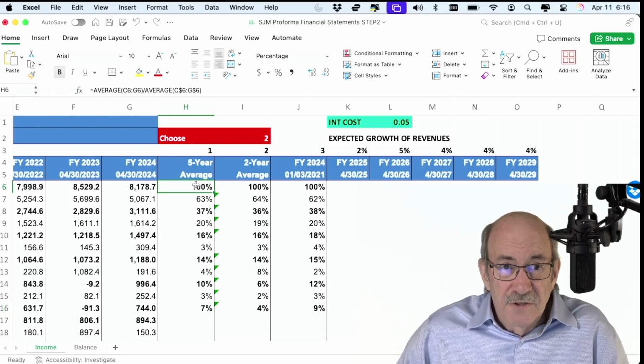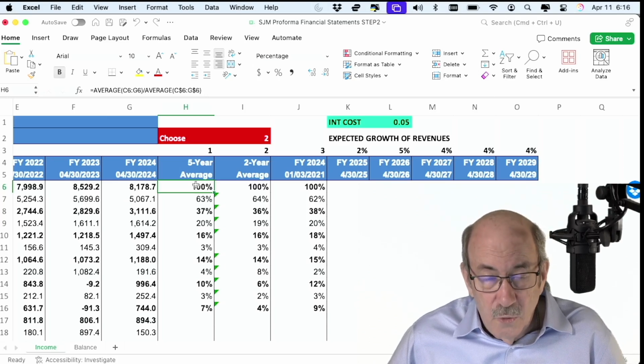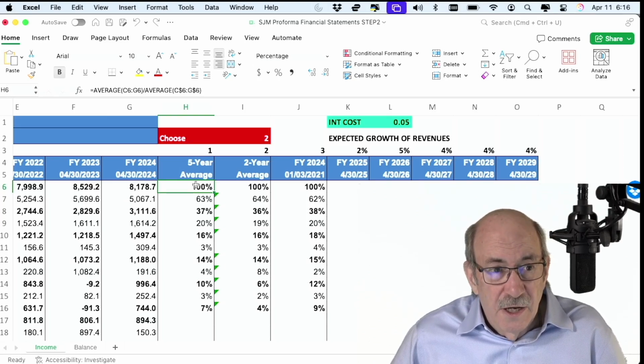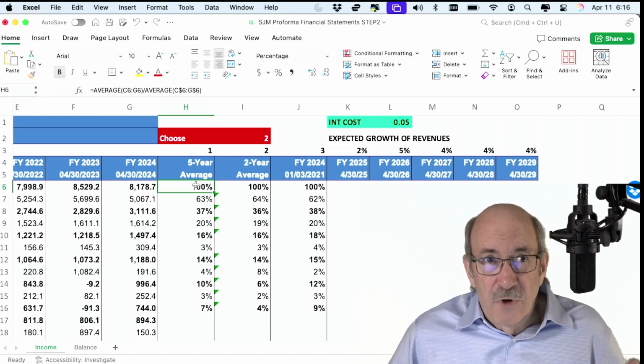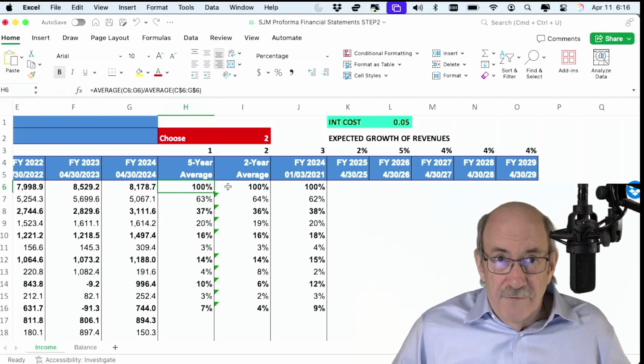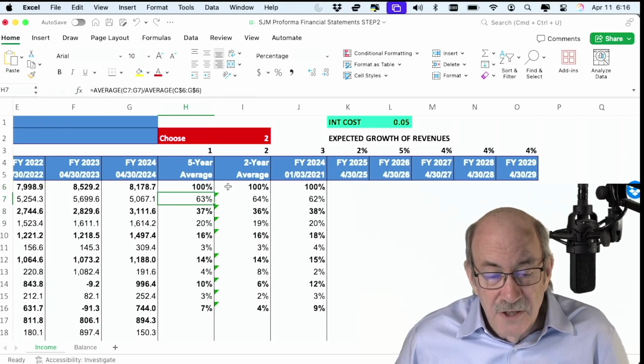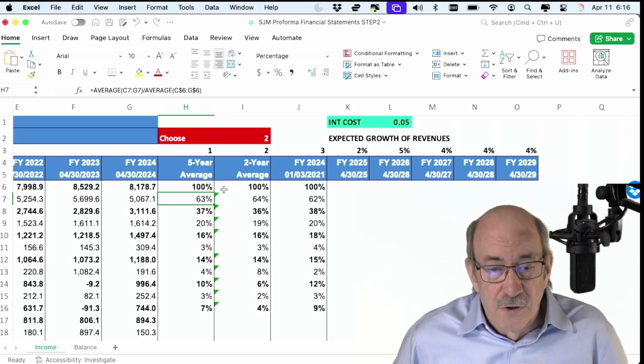Now, you'll also see over here, and let me slide over so you can see things, here are my various averages so I can look at what's been going on historically with the firm and the various expenses relative to revenues. Obviously, this first row is revenue, so revenue as a percent of revenue is 100%. But then the second row is cost of goods sold.